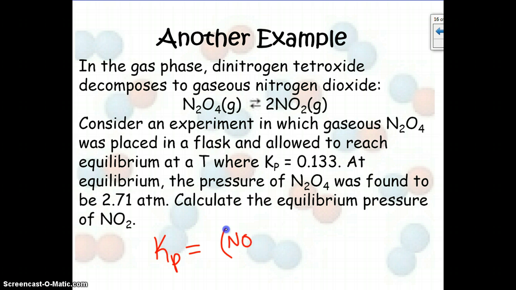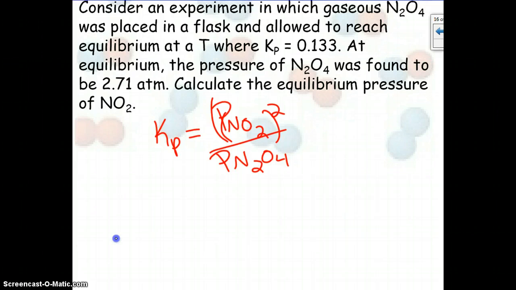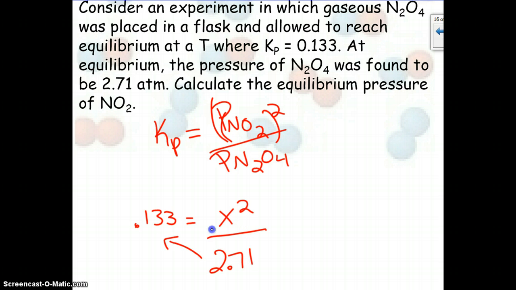We'd have the NO2 to the 2, in terms of pressure, and then the reactant. These are both in terms of the partial pressures, and we know K is 0.133, and we're looking for this one, so we'll call it x squared, and the N2O4 is 2.71 atmospheres.